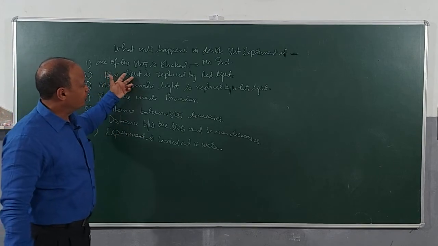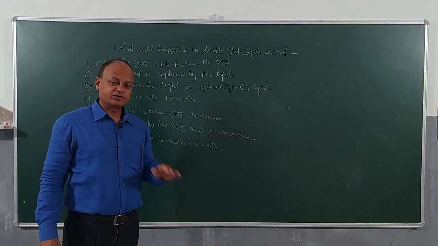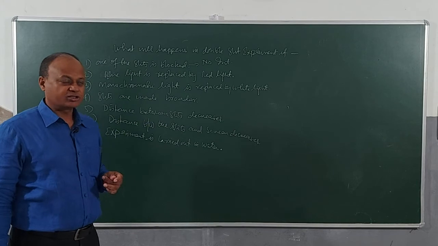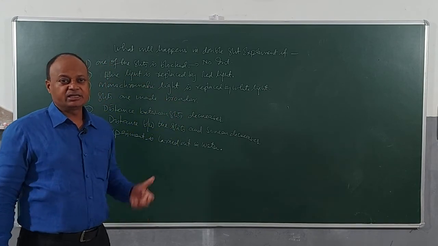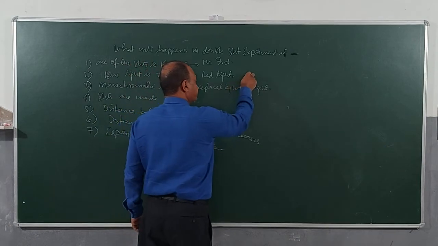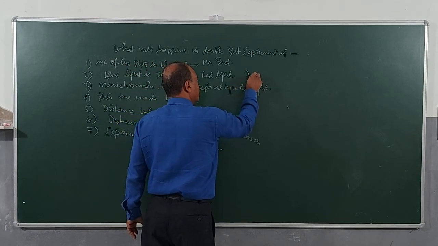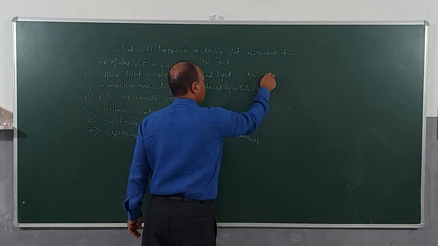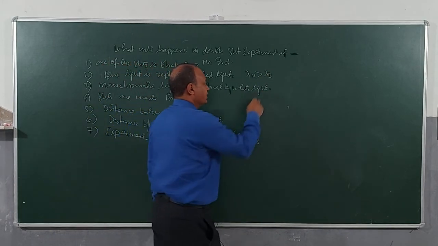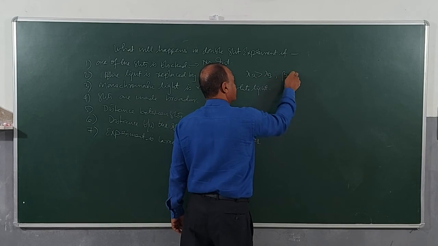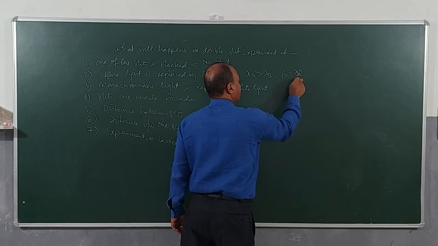Then, blue light is replaced by red light. Now this is another significant question. Suppose initially I was using blue light and now I am using red light. We know that red has more wavelength compared to blue. Clear? And then you know that fringe width beta is equal to lambda D by d.